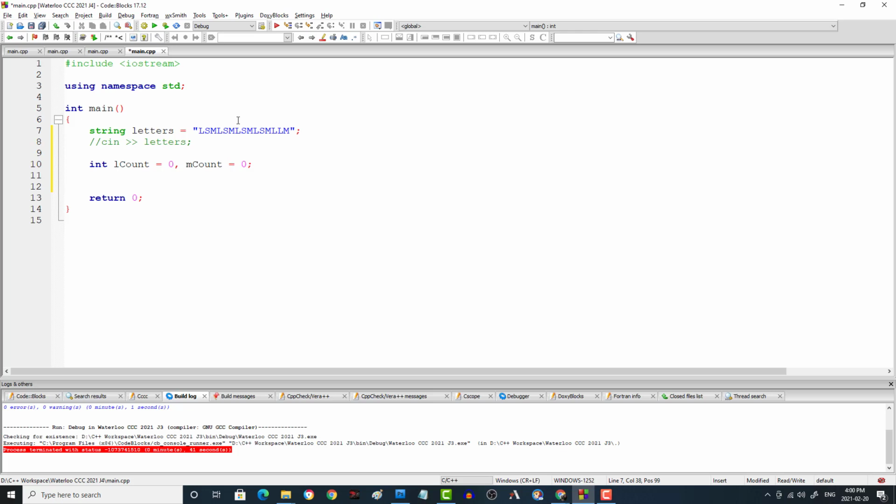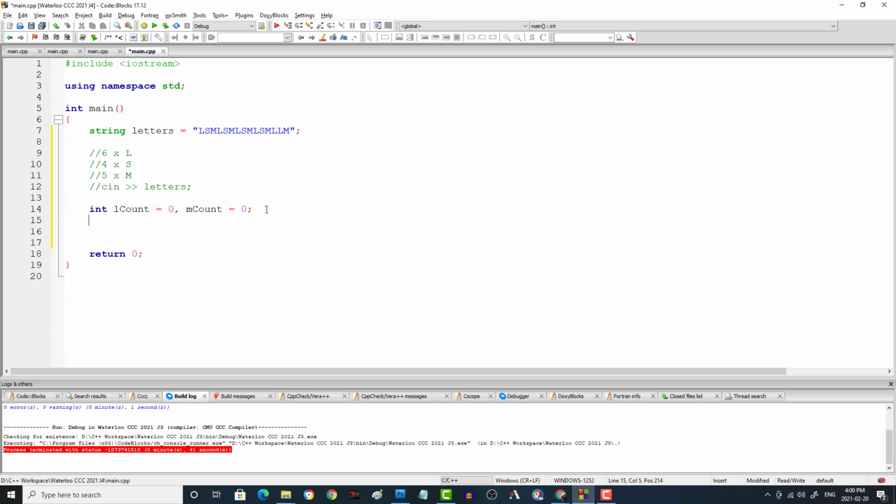This should give 6 times L, 4 times S, and 5 times M. This is just test code. It'll make things easier as I'm working with the code here.